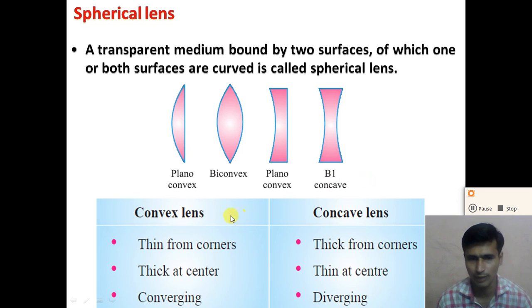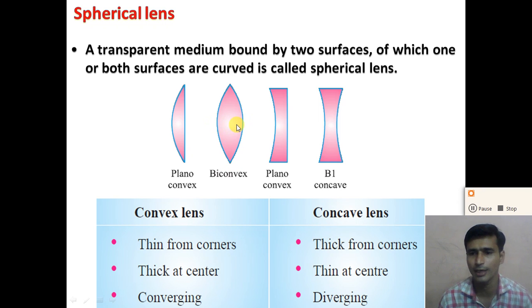So what do you mean by a convex lens? A convex lens is thin at the corner and thick at the center. At the edge it is thin, and at the center it is thick.